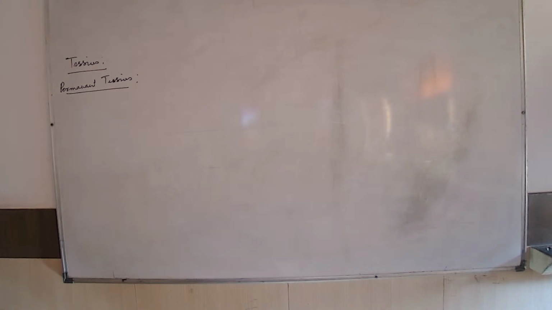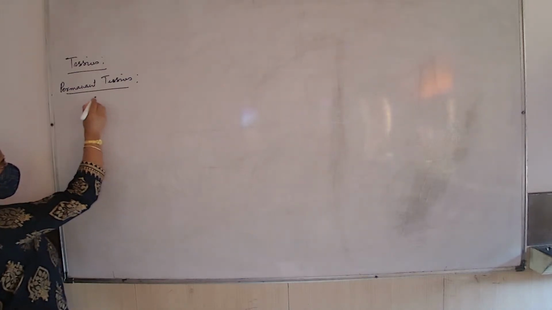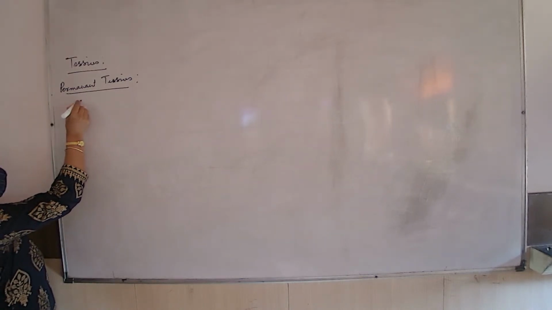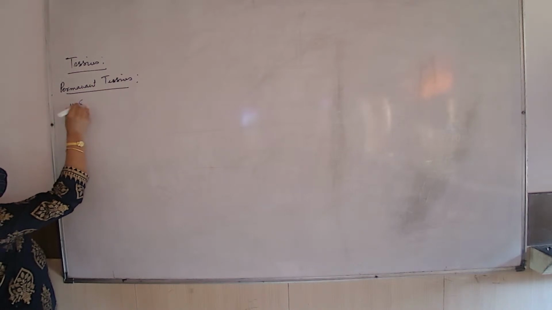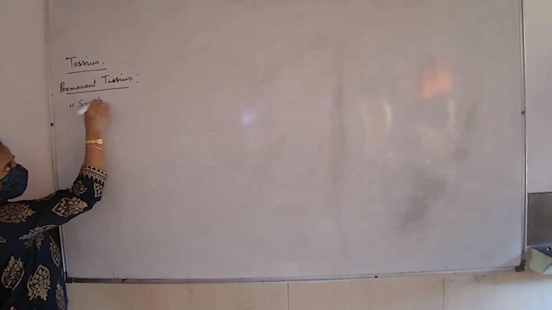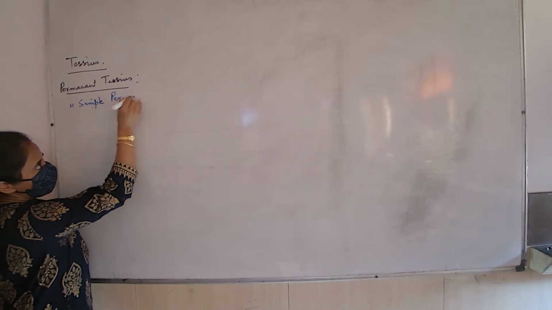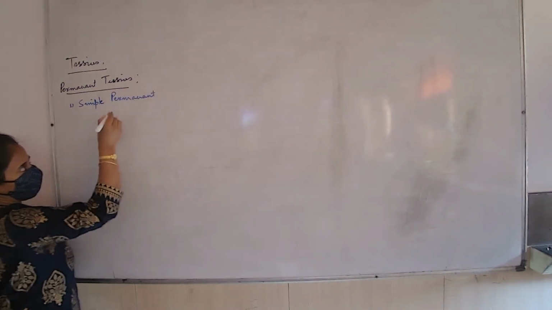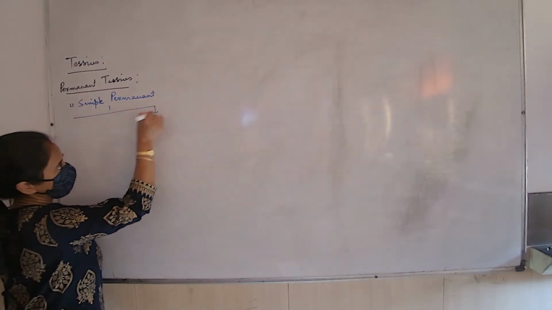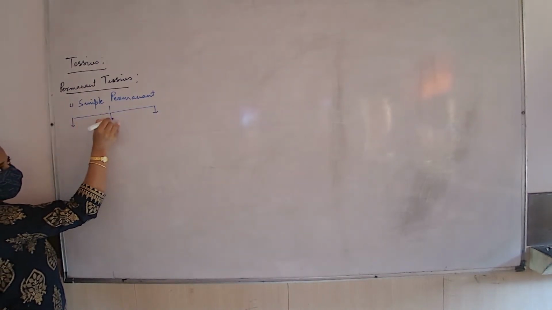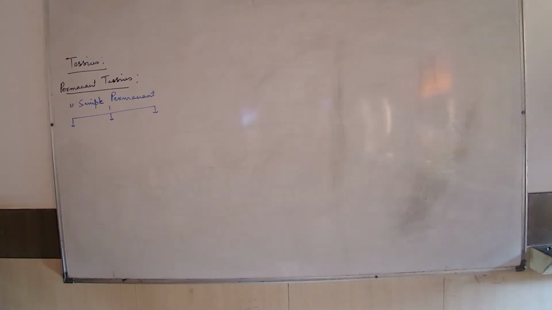Now, before we start with the discussion, when we start discussing permanent tissues, first of all, we'll have to come across that there are two types of permanent tissues. One would be simple permanent tissues. When we talk about simple permanent, there will be three types that we have to study.